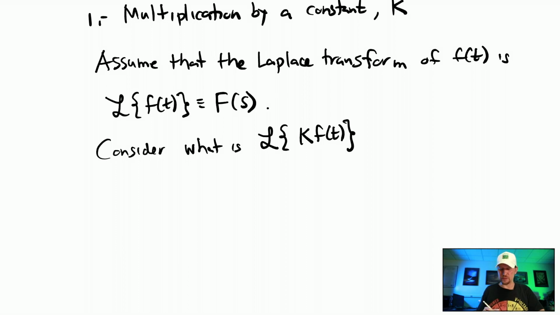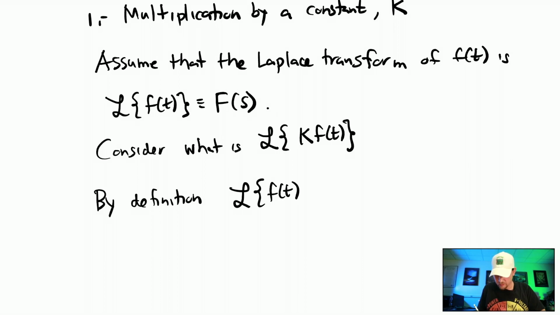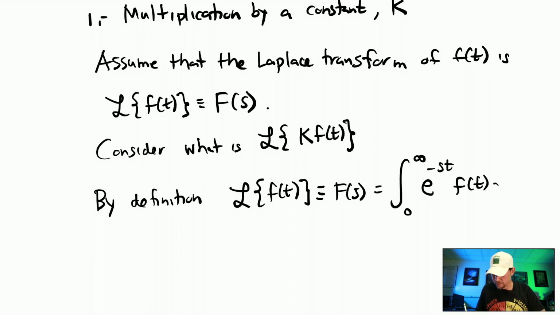Now, this question is relatively simple, right? We can actually go back to these definitions. So by definition, if the Laplace transform of f of t is F of s, well, remember what that actually means, right? It is the integral from 0 to infinity of e to the minus st times f of t dt, like this, right?